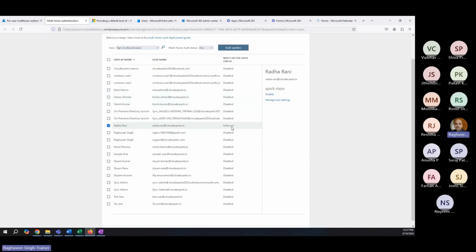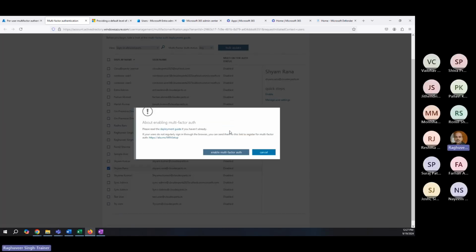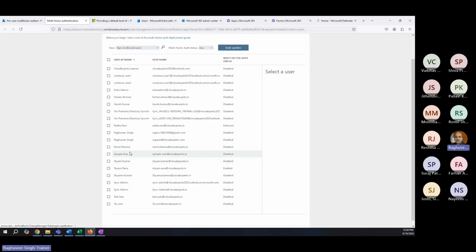We have enforced MFA for Radha. We will also enable MFA for, let's say, Shyam Rana. However, for Shyam Rana, we will not enforce the MFA. So first, we will look at the experience of Shyam Rana, for whom MFA is enabled, and then we will look at the experience of Radha.